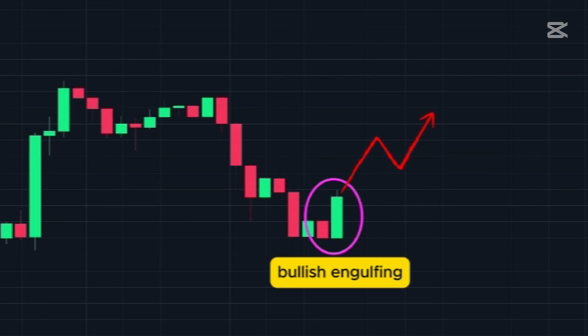This is because the pattern shows that buyers have become stronger. When you see a big green candle push price higher than the previous red candle, it indicates a possible reversal. The bigger the second candle is, the greater the chance of price reversal.